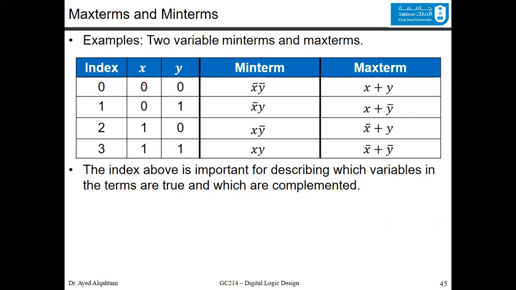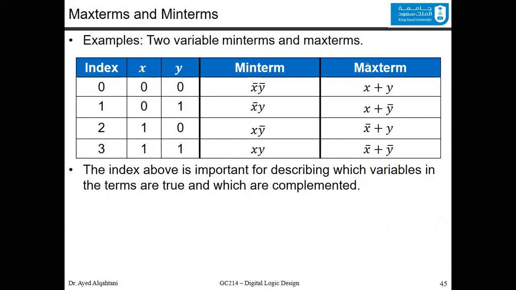Now, the min terms: the first is x bar y bar, the second row x bar y, the third row x y bar, and the last one x y. Those are the min terms.